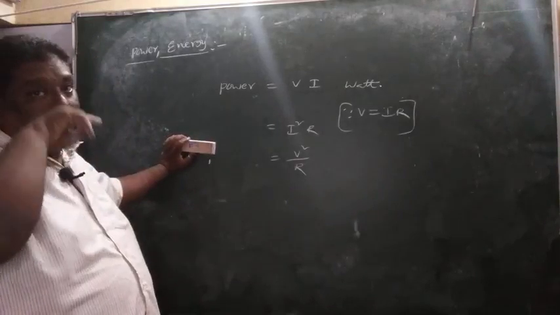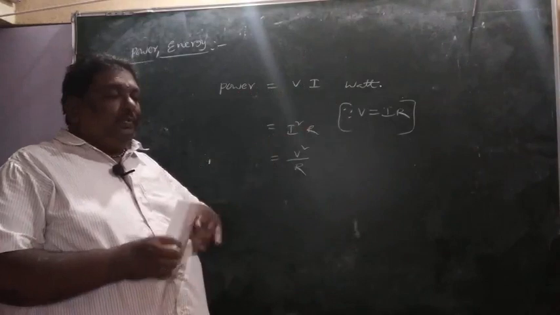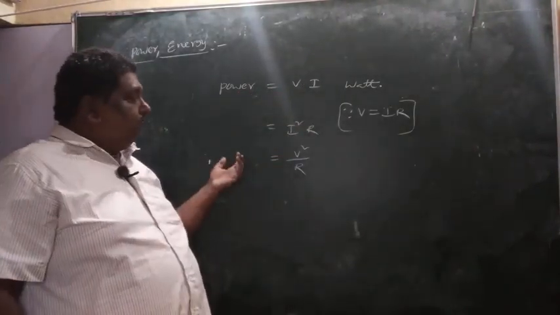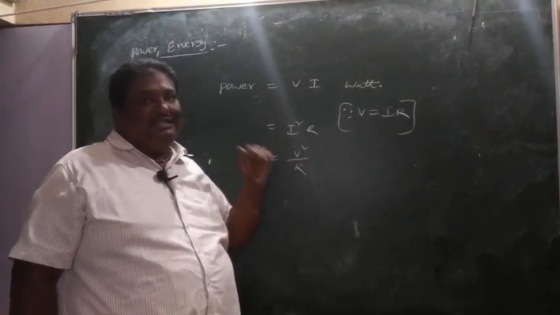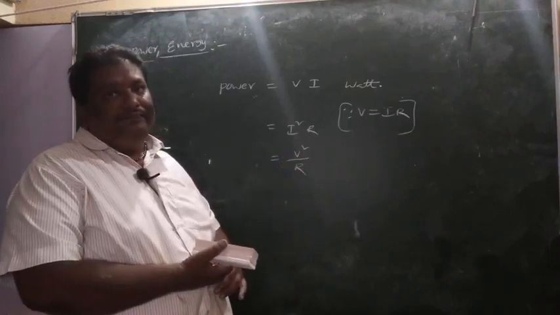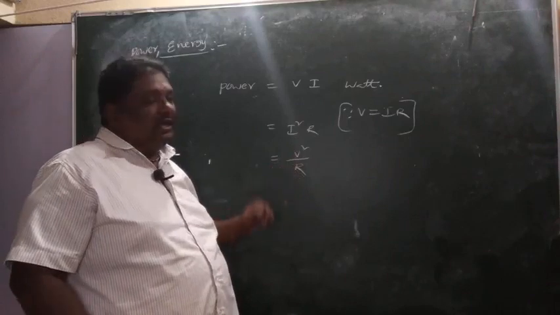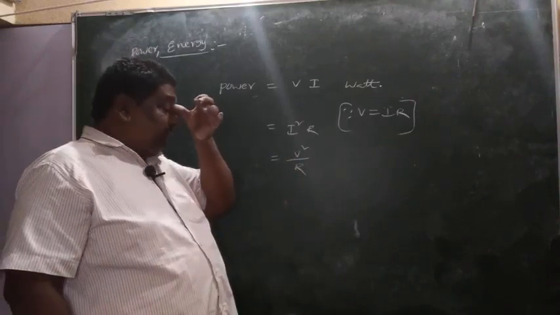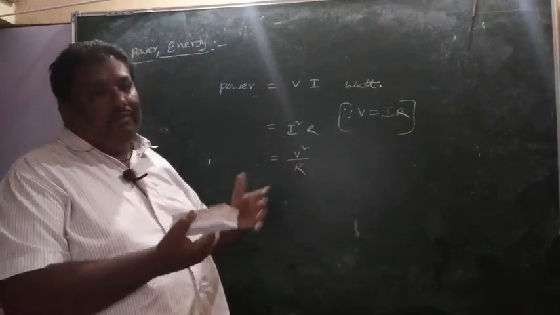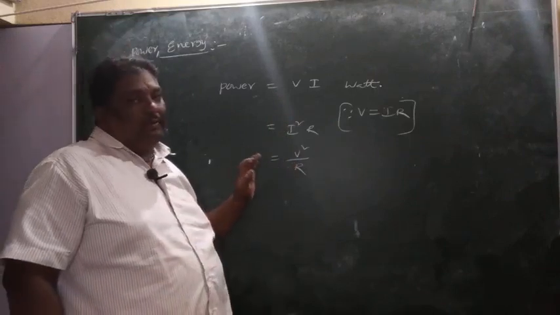Therefore, power we write as VI watts. Suppose in the problem voltage and current are given, just multiply for power. Suppose only a series circuit like that, we solve with current square into resistance. Sometimes only voltage and resistance are given, V square by R. So I square R or V square by R. Whichever formula, according to the available parameters, voltage or current or resistance, we solve the problem.